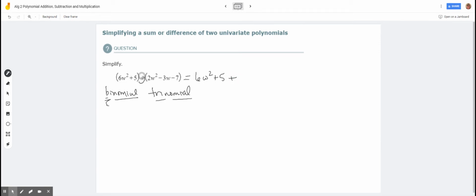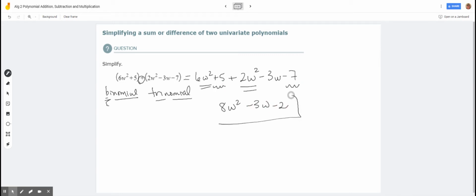Then, because this is an addition, we can take away these parentheses too, because addition doesn't change anything. Then combine like terms. We get 8w squared, and then minus 3w. And then this is a real number, and that's a real number, so minus 2. And that's your answer.